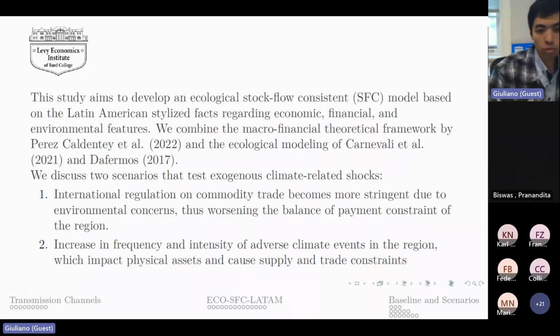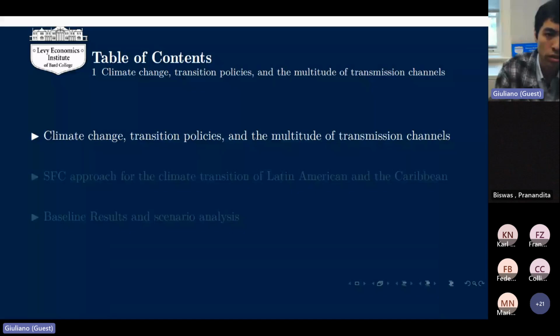And we also simulate an increase in frequency and intensity of adverse climate events in the region, which will impact physical assets and cause supply and trade constraint. So this will be the plan of the presentation. First of all, we will try to disentangle some of the channels of both the climate change and transition policy and how it will affect different aspects of the economic system.